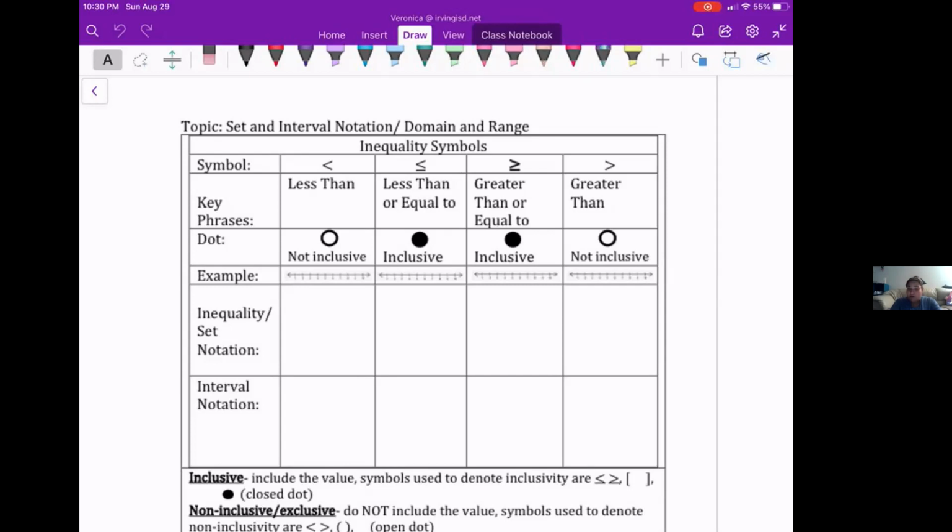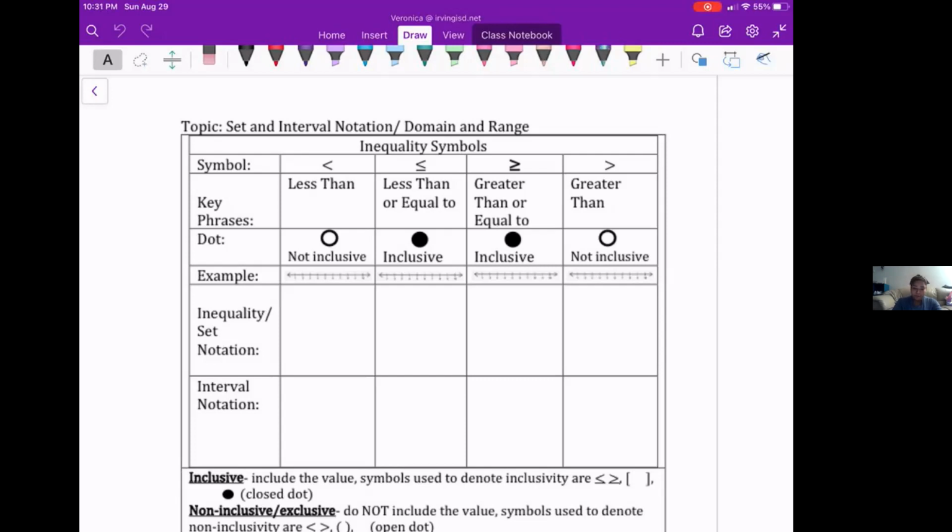Now, the reason I made a video is because if I give you a PDF, it's not as self-explanatory. It might actually even look more confusing than helpful, okay? So make sure you watch this video through. If you feel like you're an expert at domain and range, just watch it.